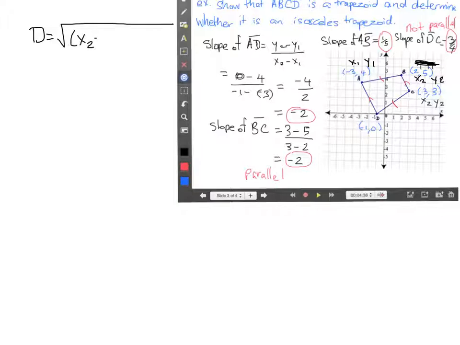It's the square root of X2 minus X1 squared plus Y2 minus Y1 squared. All right, so the distance for AB, so I'm just going to write AB.